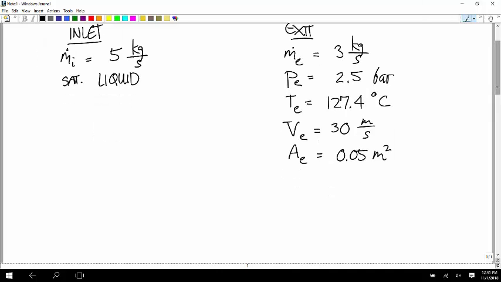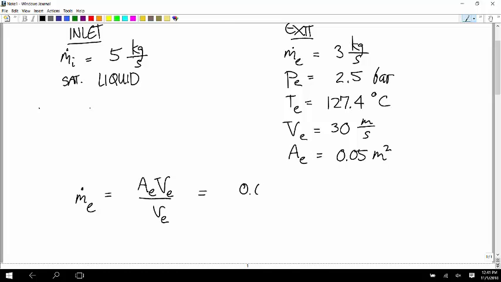And so we know that the mass flow rate at the exit is equal to the area at the exit times the speed at the exit divided by the specific volume. And this is also at the exit.